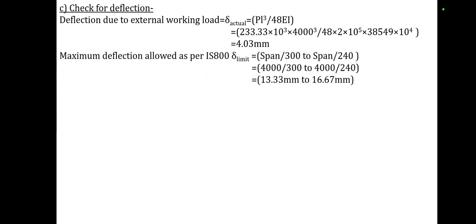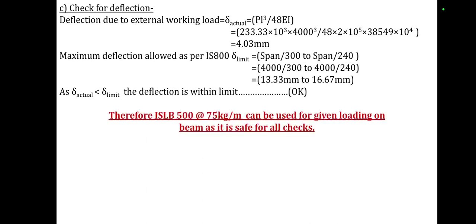The maximum deflection allowed as per IS 800 2000, that is delta limit, is equal to span upon 300 to span upon 240. So this value is between 13.33 mm to 16.67 mm. Hence, as our actual deflection is less than delta limit, our beam is safe in deflection.